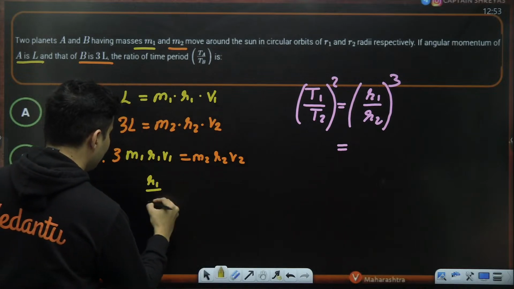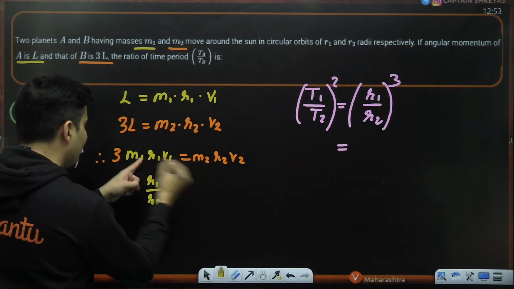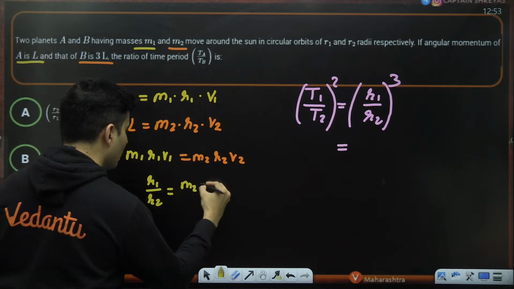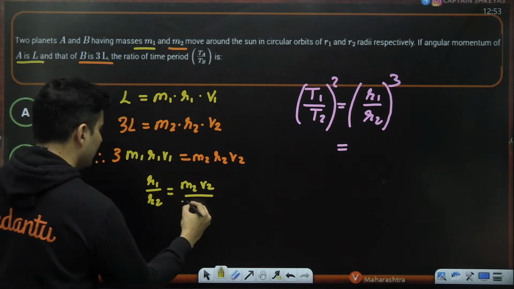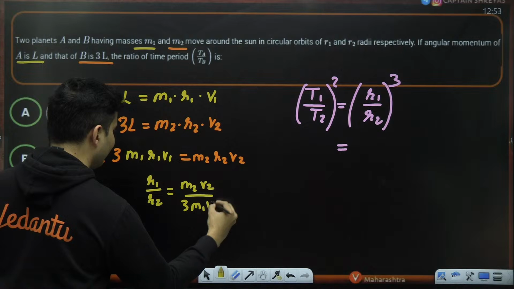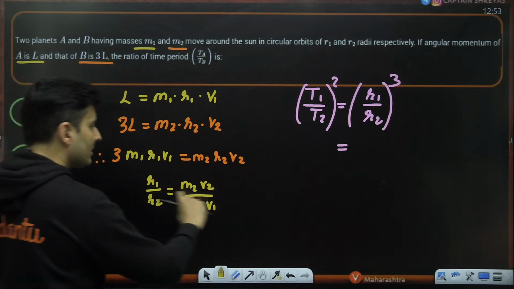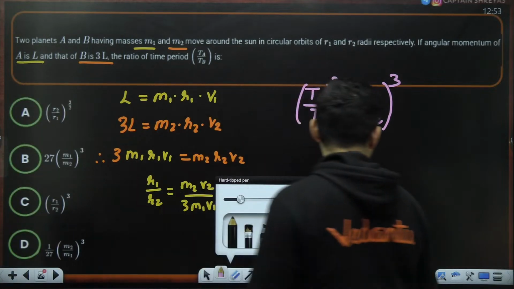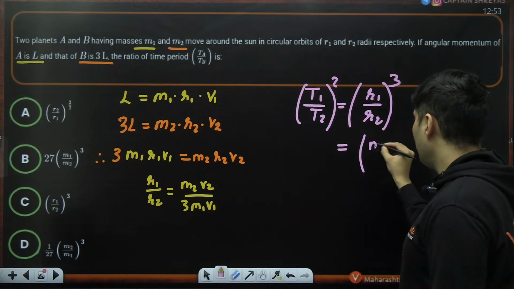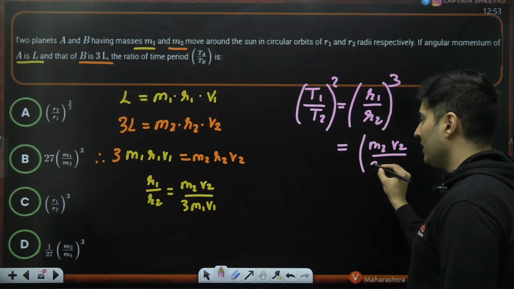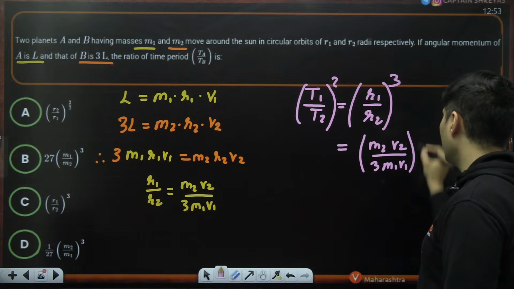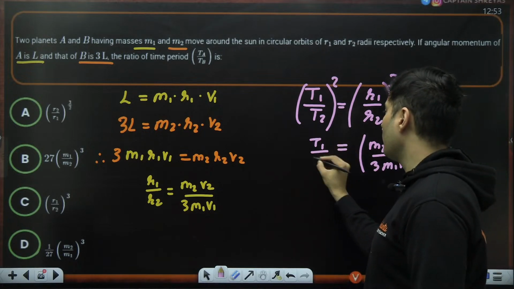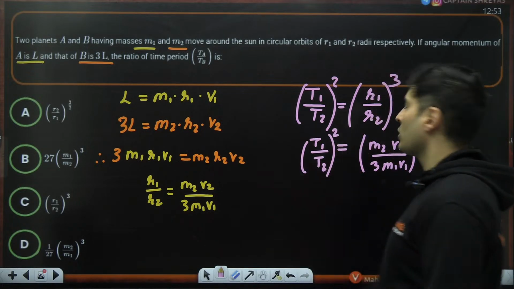So R1 by R2 will be, check this out, M2 V2 divided by 3 M1 V1. Substitute it directly over here. So see what you get: M2 V2 divided by 3 times M1 V1, the whole cube. This is your T1 by T2 the whole square.